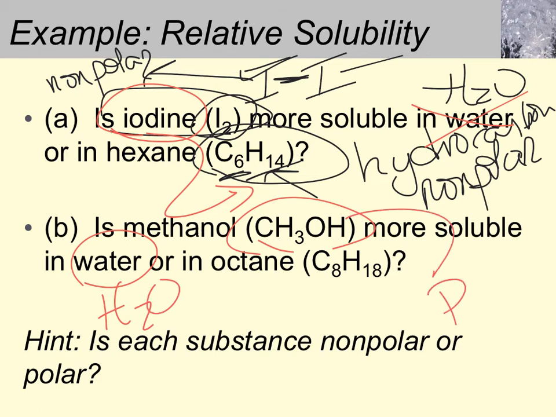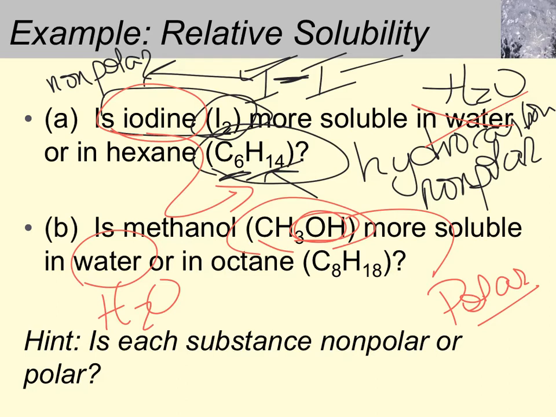Methanol is polar. Most everything that has a heteroatom, and that's a nonmetal type atom on the right side of the periodic table, we call those heteroatoms because they tend to have high electronegativity. Most compounds that have those are polar, or at a minimum have polar bonds.